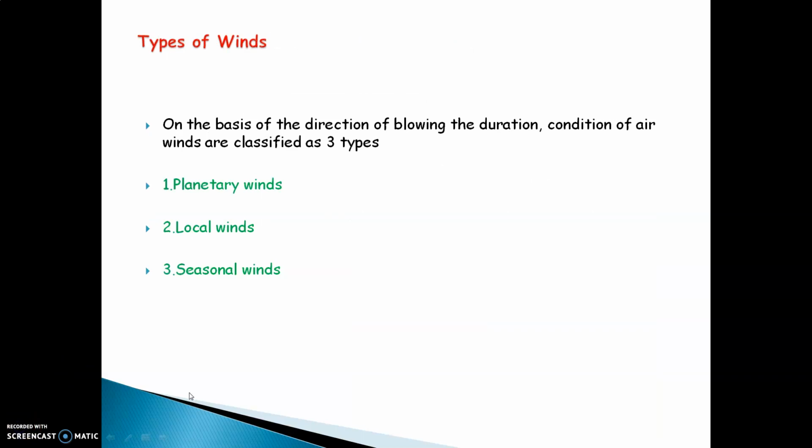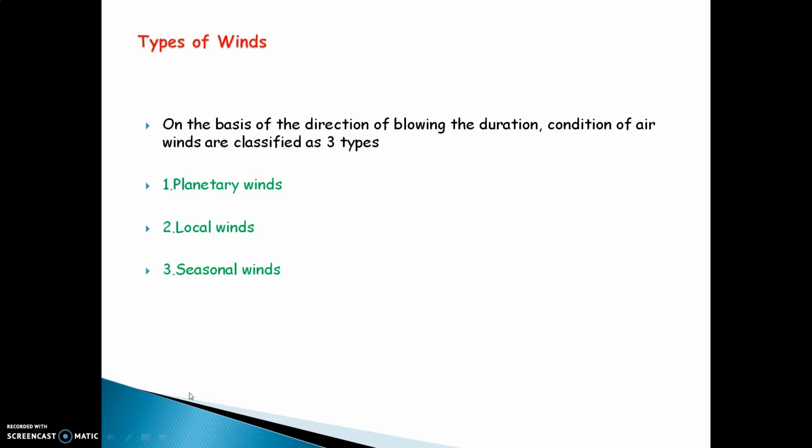Types of winds. On the basis of the direction of blowing, the duration, and condition of air, winds are classified into three types. First is planetary winds, then local winds and seasonal winds. These three types of winds are usually formed on the basis of the direction of the blowing, the duration and the condition of air.